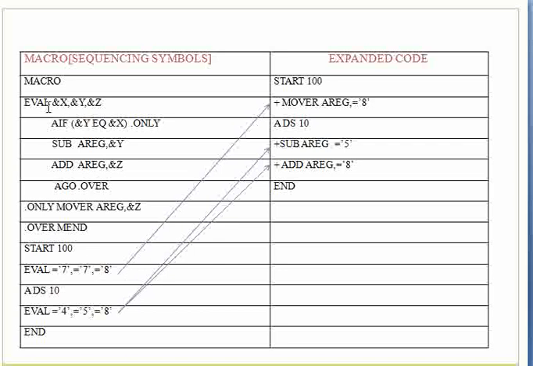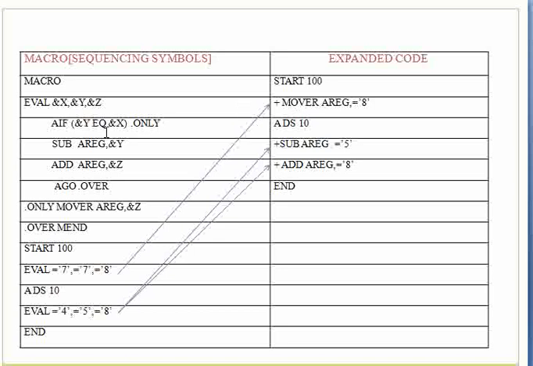Now the control would automatically go to the next line. Once it recognizes it's a macro call and positional parameters are associated with your actual values, it goes to the first line of your macro, that is an AIF statement. If you look at the expanded code, AIF does not appear as a part of your expanded code.